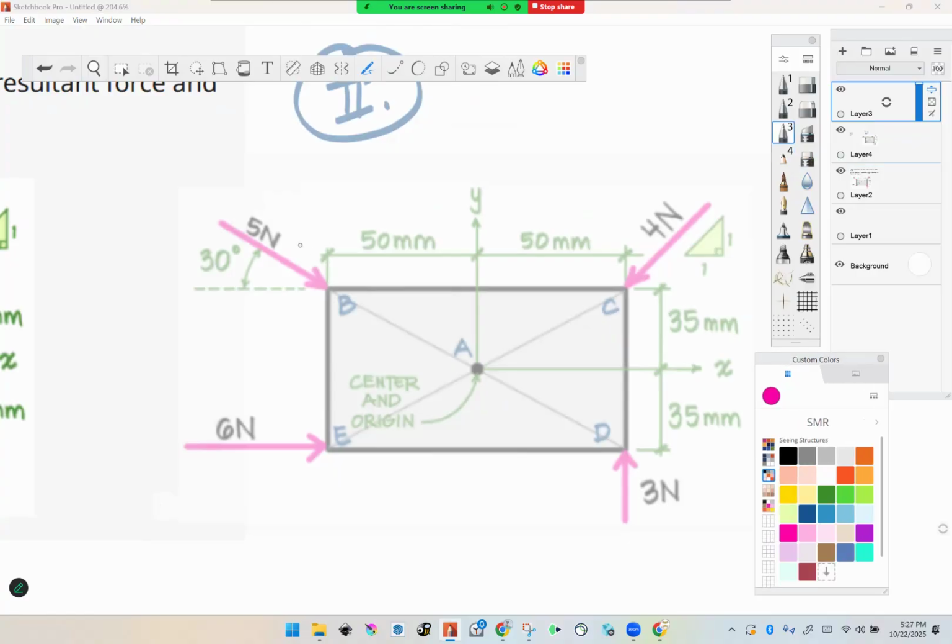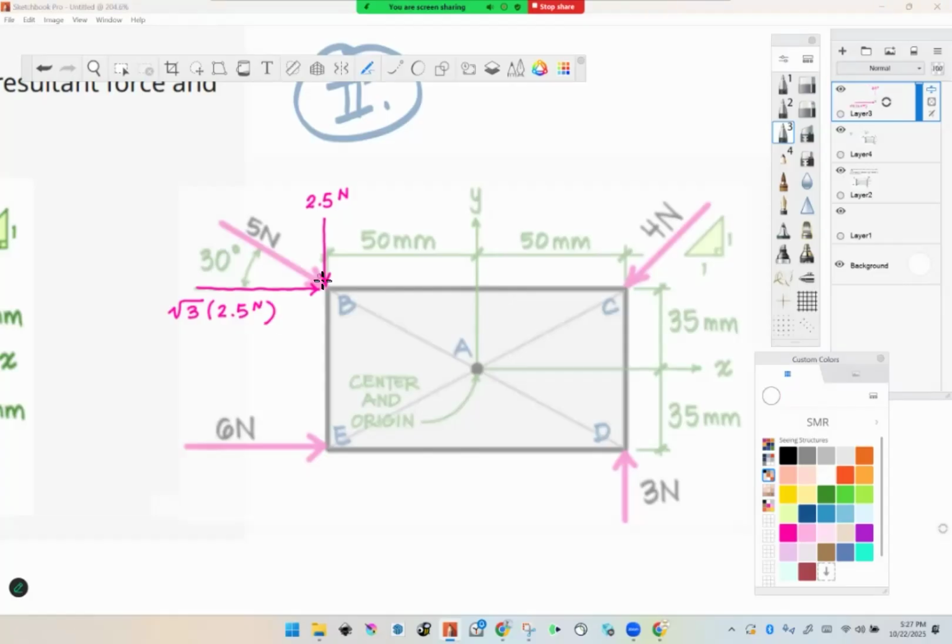I know the sines and cosines of a 30-60 triangle. So I'm going to convert this one into 2.5 newtons downward, and this one into square root of 3 times 2.5 newtons.